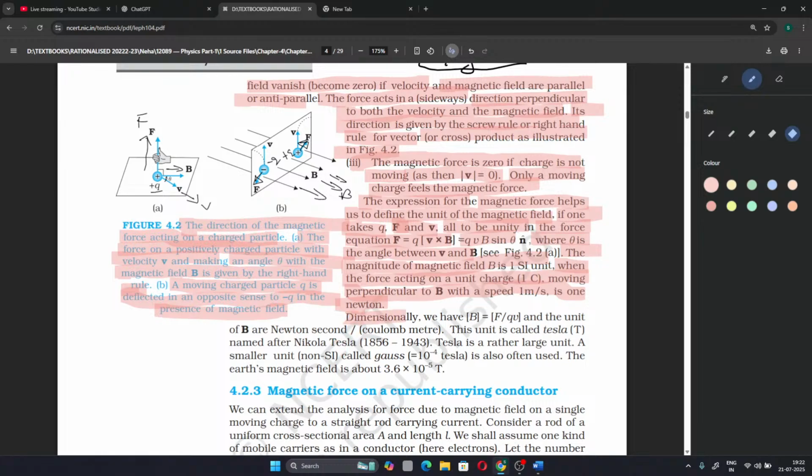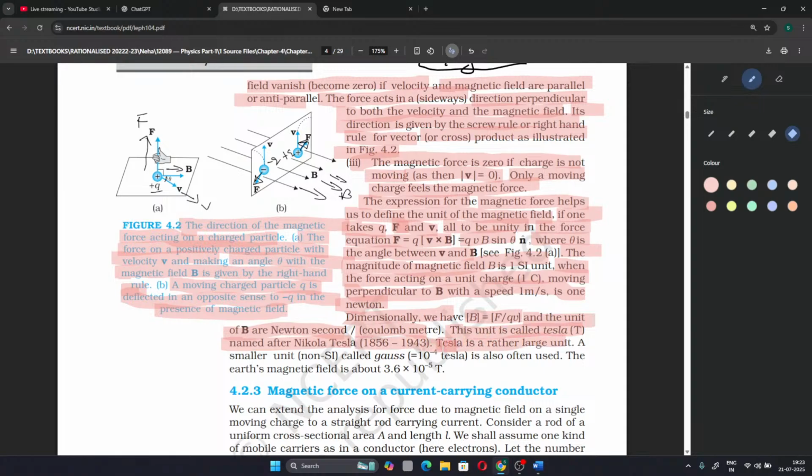Dimensionally, we have the magnitude of B equals force by qv, basically shifting qv to the denominator, and the unit of B is Newton second per coulomb meter. This unit is called a Tesla, named after Nikola Tesla, 1856 to 1943.